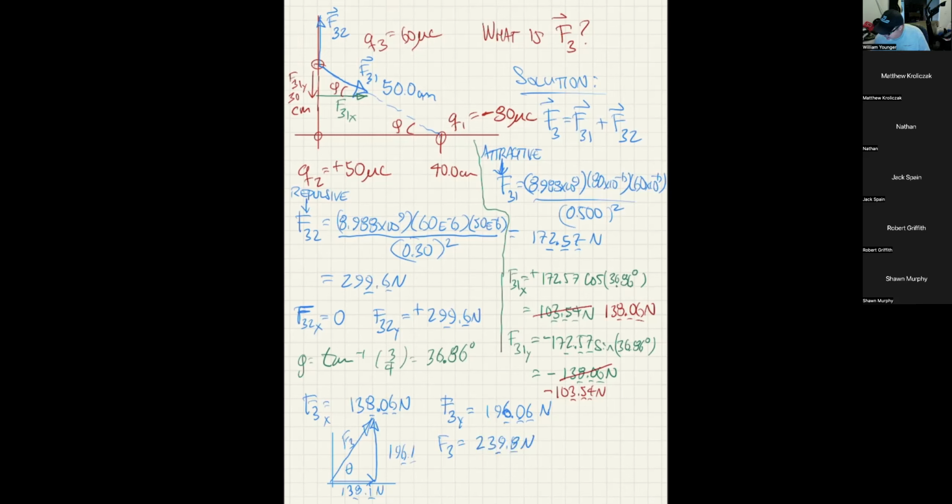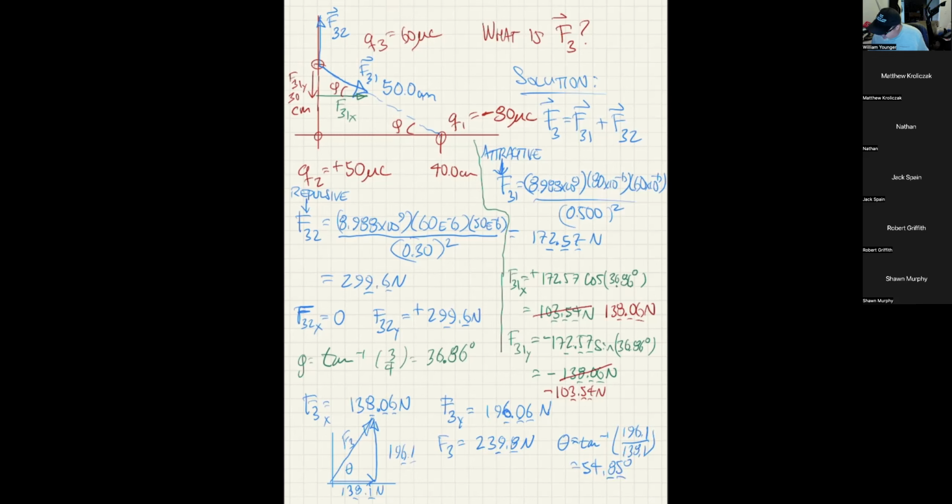And theta, of course, is equal to the inverse tangent of 196.1 over 138.1. And I get 54.85 degrees.